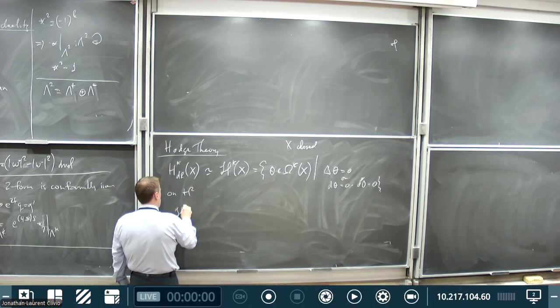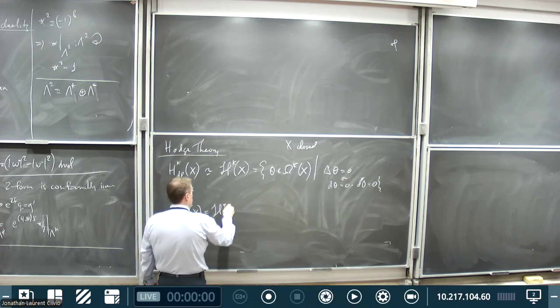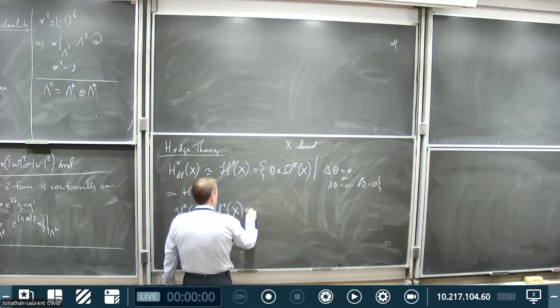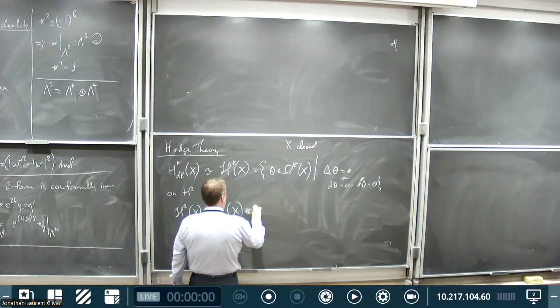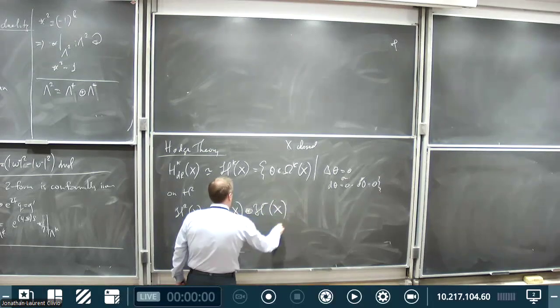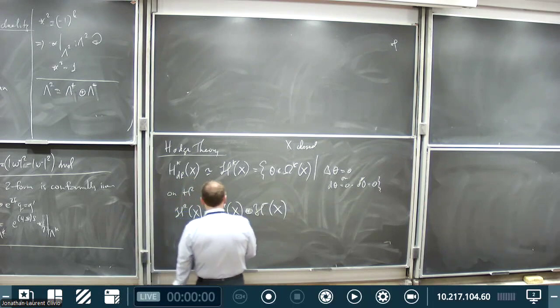So the harmonic two-forms decompose into harmonic self-dual and harmonic anti-self-dual forms.